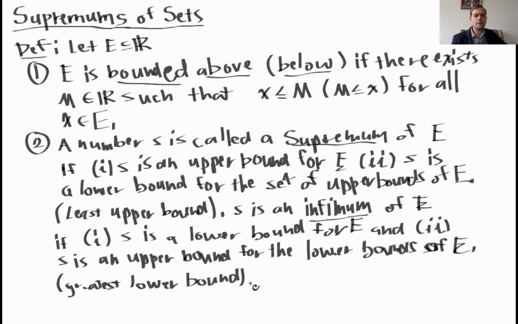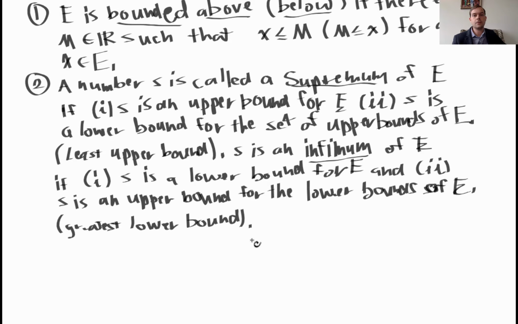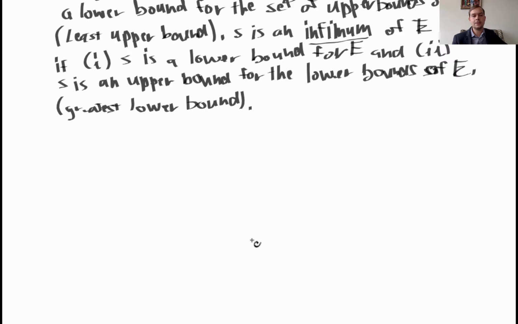So now it might be helpful to look at an example of when we expect we could actually calculate, say, a supremum, or an infimum. And also it's good to get some notation in. So let's suppose that E is equal to the open interval (0, 1).